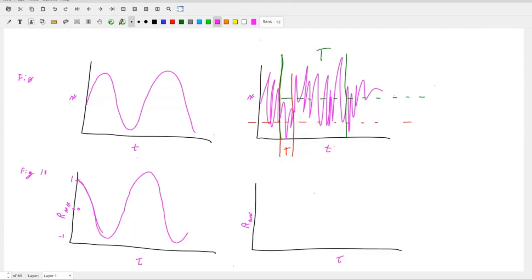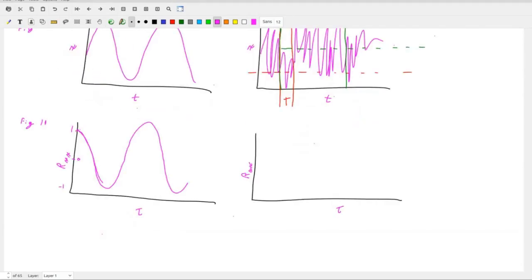Okay, so let's talk about the noise one. That's one we're interested in. So what's my correlation to my first point and my first point? 1. What's my correlation between my first point and my second point? Let's say my second point's here. Yeah, it really just kind of jumps all over the place, right? However, if it's pure randomness, noise, and we take that integral function, it should really be 0, right?